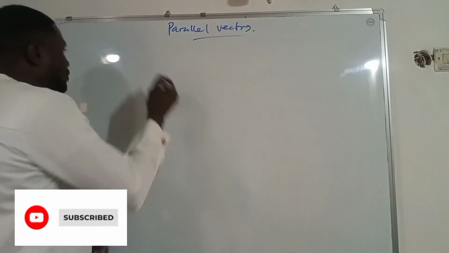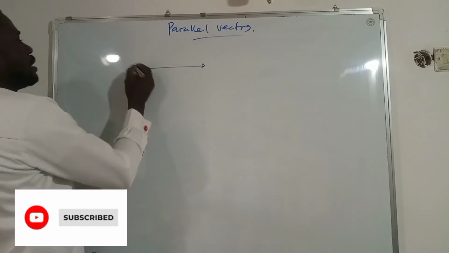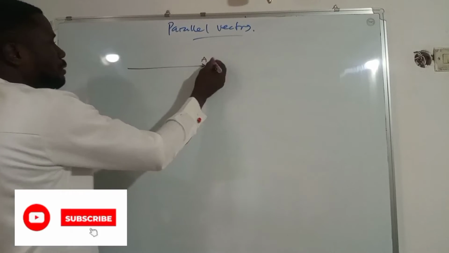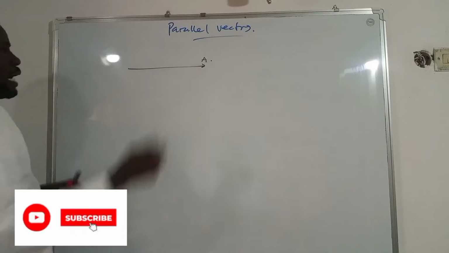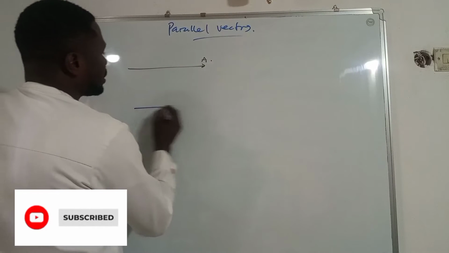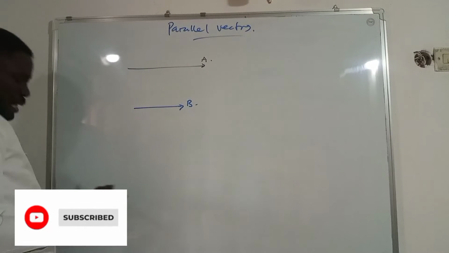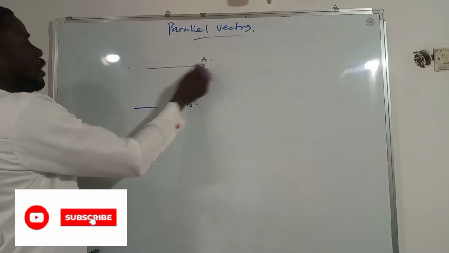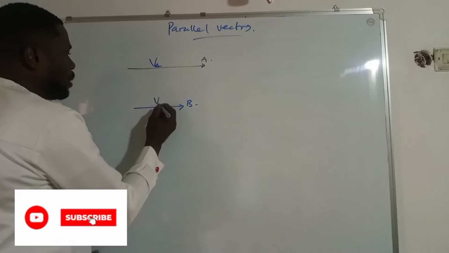So if I have a vector, for instance, that runs this way, let's call it vector A, and another vector, vector B. Let's say the magnitude of vector A is VA, and the magnitude of vector B is VB.